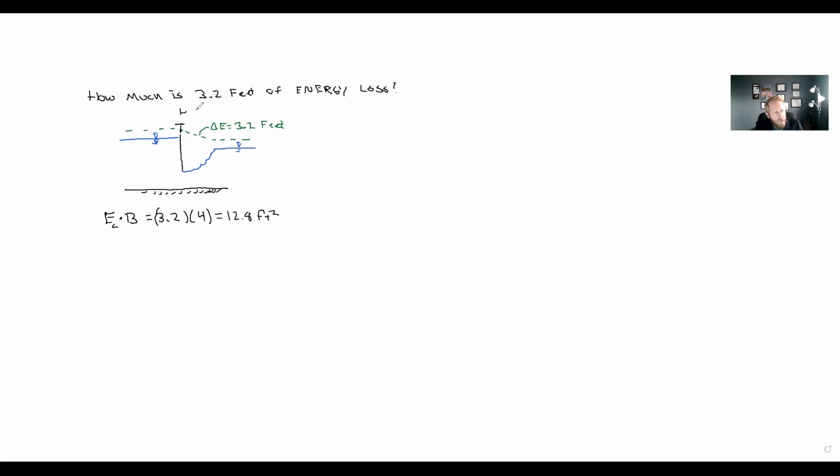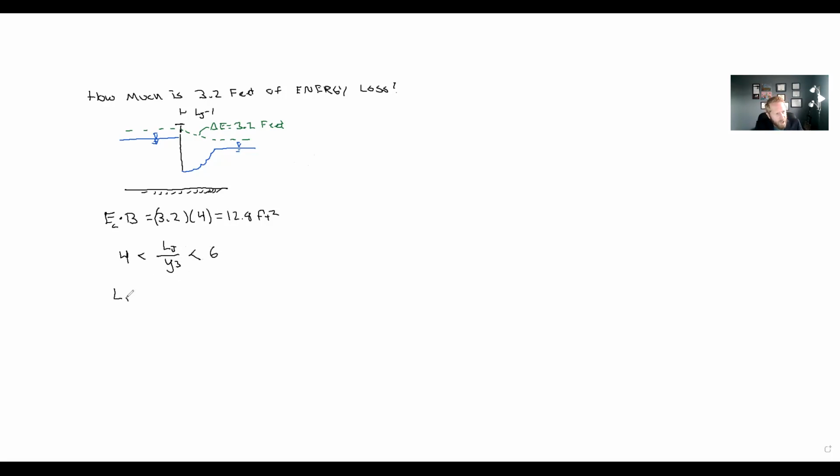Now the length of this jump, L sub j, according to published literature, is some function of the subsequent depth, y sub 3, somewhere between 4 and 6 times y3.